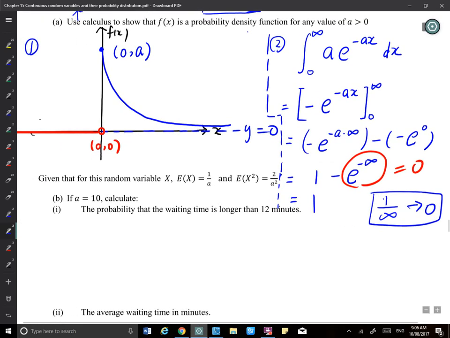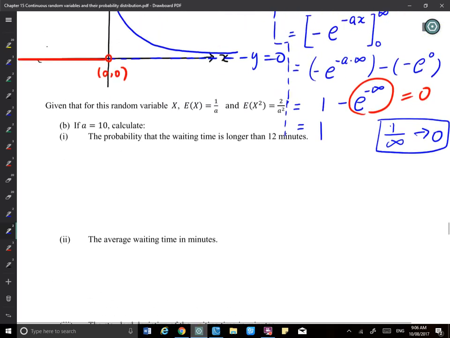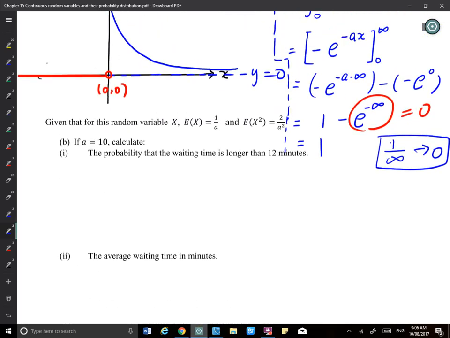Now for the next question, given that for this random variable x, expected x equals 1 over a. So my expected value is decided by the value of a. And the expected x squared is decided by a as well. It's 1 over a squared.